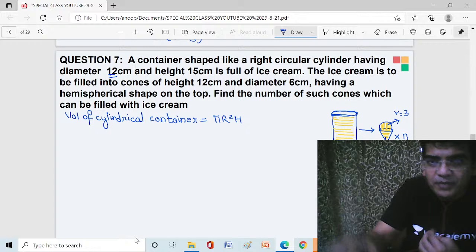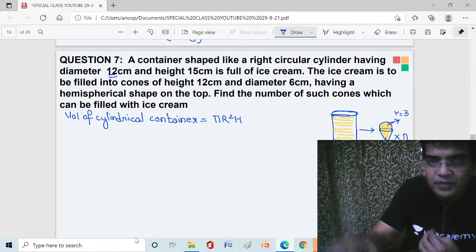So volume of ice cream in cone. Now volume of ice cream in cone means volume of the conical portion plus the volume of this hemispherical portion.